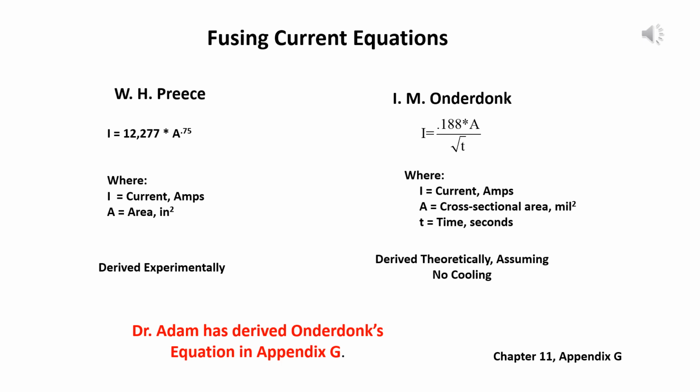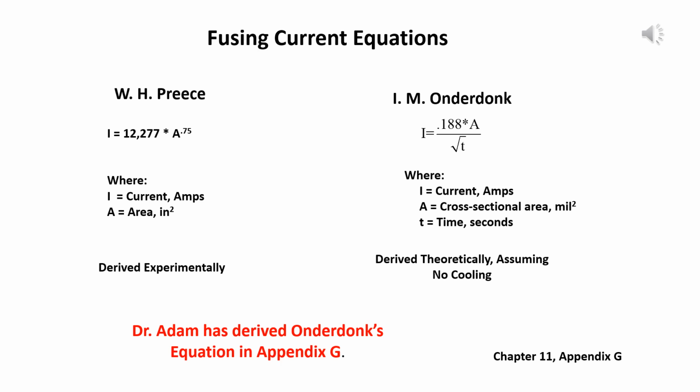Each of these people is credited with developing an equation that relates how much current can go down a trace before the trace melts. Preece's equation on the left is relatively straightforward. It was derived experimentally in the 1880s, and he has written extensively on how he came up with that particular equation. I.M. Onderdonk's equation on the right is a little more complicated, but it includes the variable time.